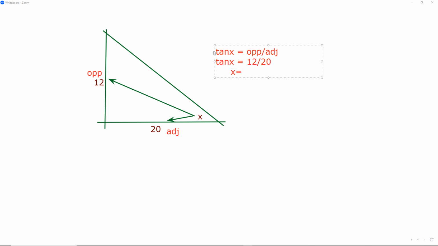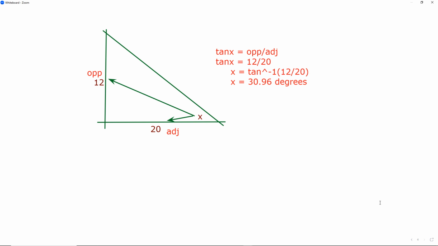We're going to make it equal to shift tan 12 divided by 20. So we go shift tan 12 over 20. And the correct answer is 30.96 degrees. We can put a degree symbol. We can just stop there for that.